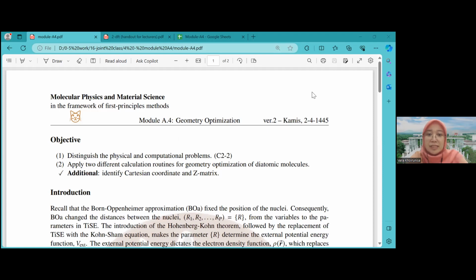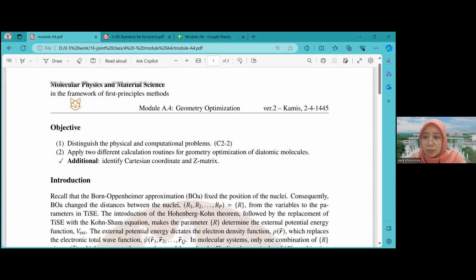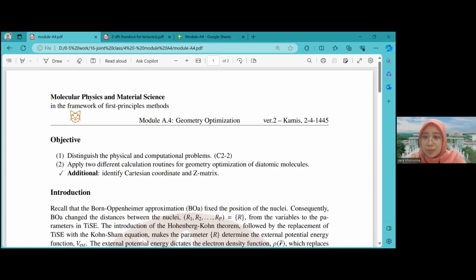So today we will discuss geometry optimization, module A4. Before, we only calculated atoms, but today we will calculate a molecule, a very simple molecule. So we start from the objective. There are two objectives in module A4.